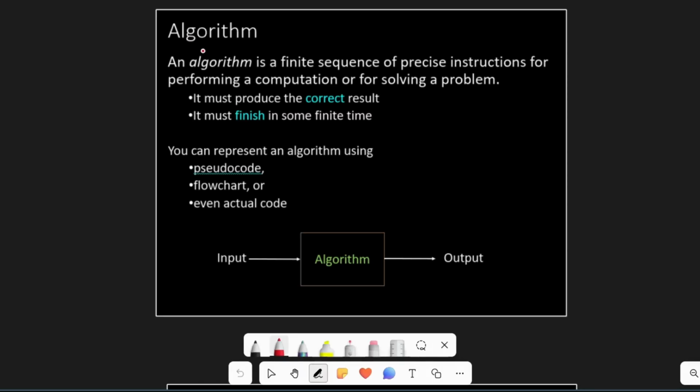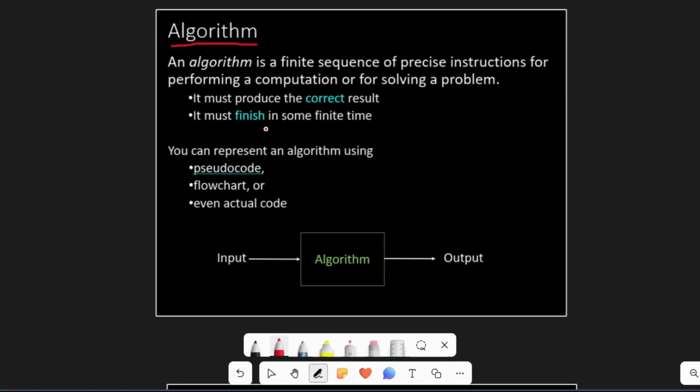We already know what is algorithm. Let's review the algorithm. An algorithm is a finite sequence of precise instructions for performing a computation or for solving a problem. It must produce the correct result.